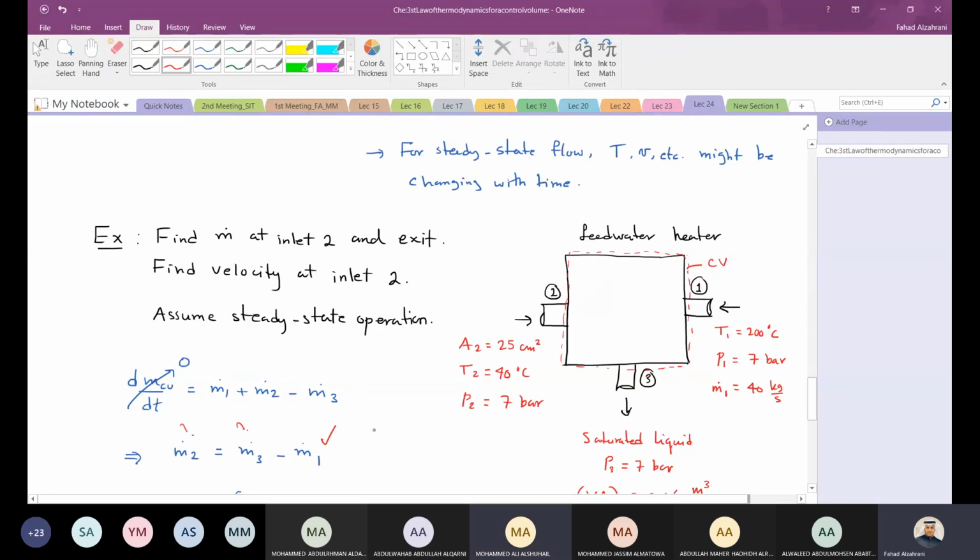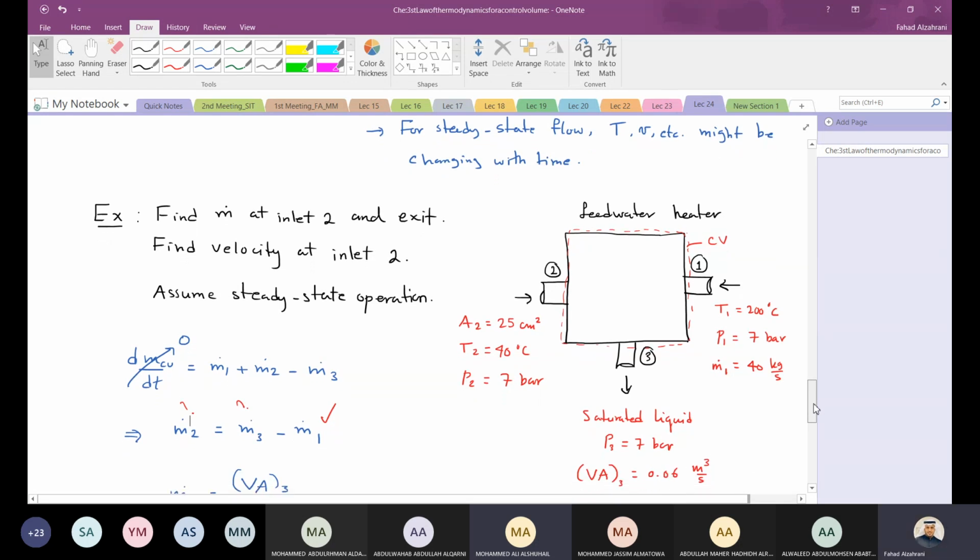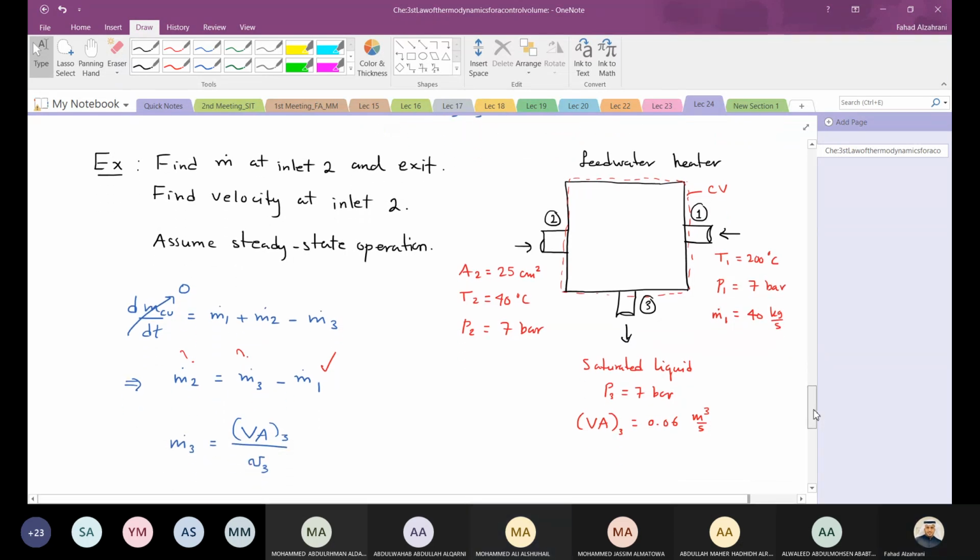What other way can I find M dot 3? The specific volume of the saturated liquid, v_f at 7 bar. Excellent. So basically you divide the volumetric flow rate by the specific volume at exit 3.